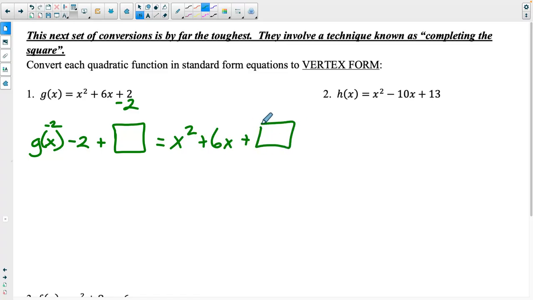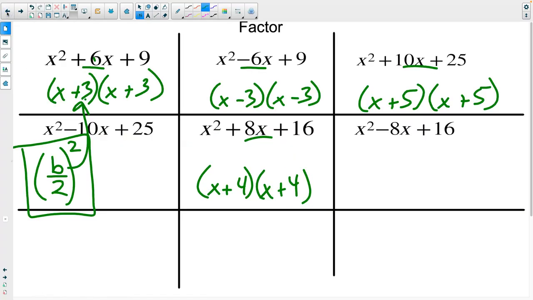This method is called completing the square. We're going to complete the square. We're going to put something in here so that this factors perfectly, and we can then convert it to vertex form. Now, what number goes right here? I want to factor this. So I want it to factor like this, and I want to have the same numbers.